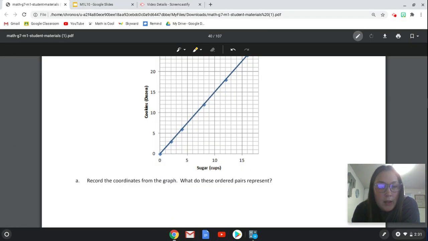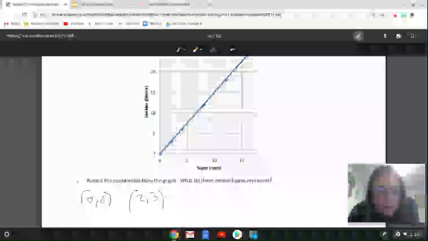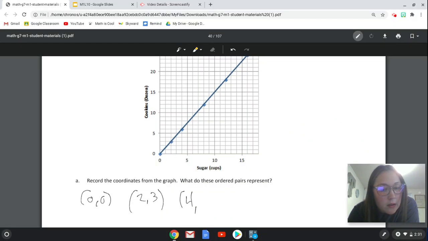Initially I see 0, 0. Then I go over and I see 1, 2, to 2, 3. And then I see 4, 6. Now it's a big jump.